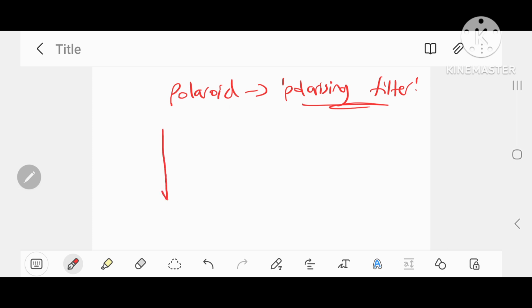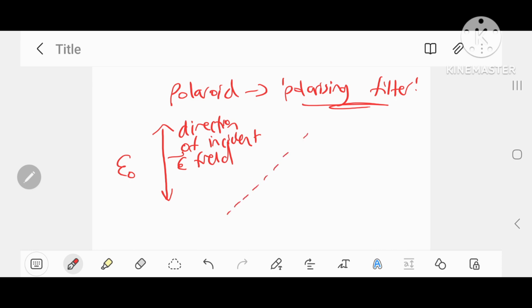So suppose you have an initial electric field, so direction of incident electric field, E field pointing vertically up and down, as indicated by the arrows, and you pass it through a Polaroid.